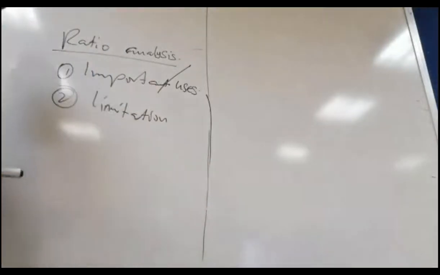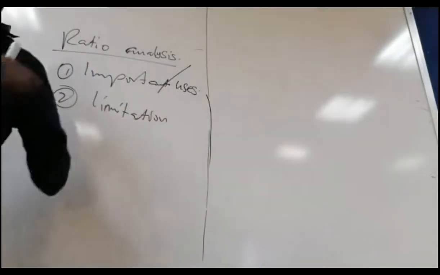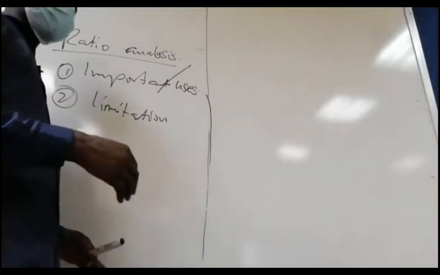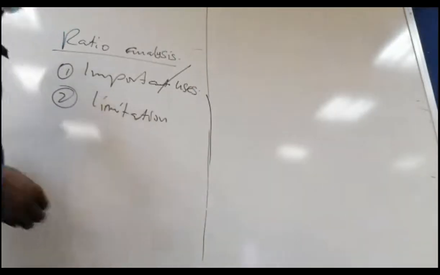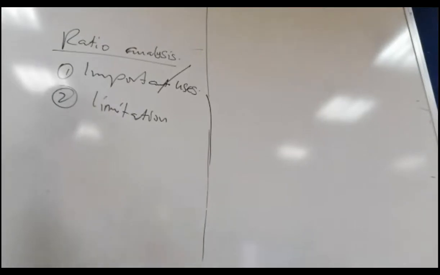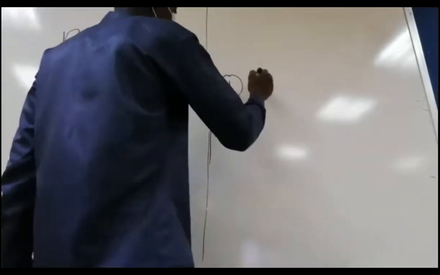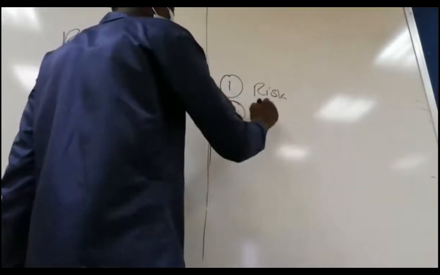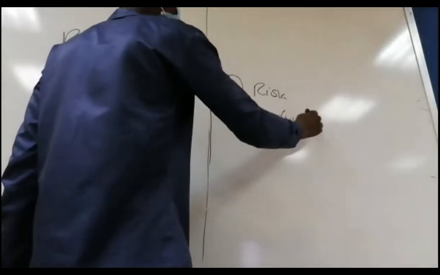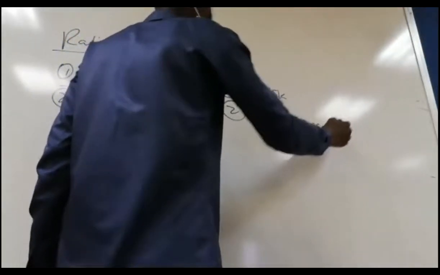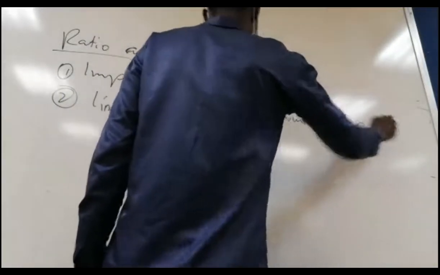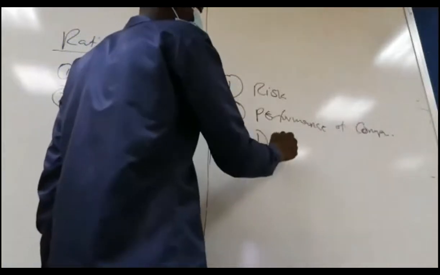You can add something like use it to analyze performance of the company, for decision making, to assess risks. So the other ones are: one, to assess risks. Two, to analyze performance of companies or entities. Three, for decision making.